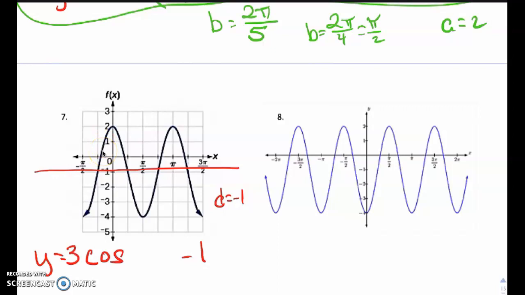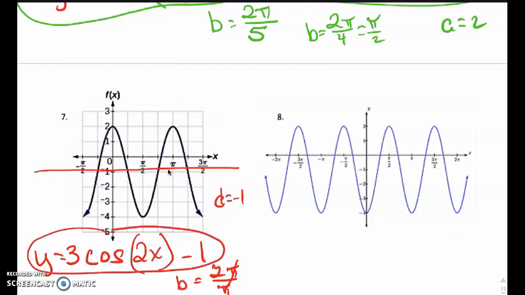My B value is going to be 2 pi divided by the distance it takes for me to go one wave, which notice here's one wave, so that's a distance of pi. So 2 pi divided by pi would just be 2, so that's going to be 2x. So y equals 3 cosine of 2x minus 1. All of that would be our equation.